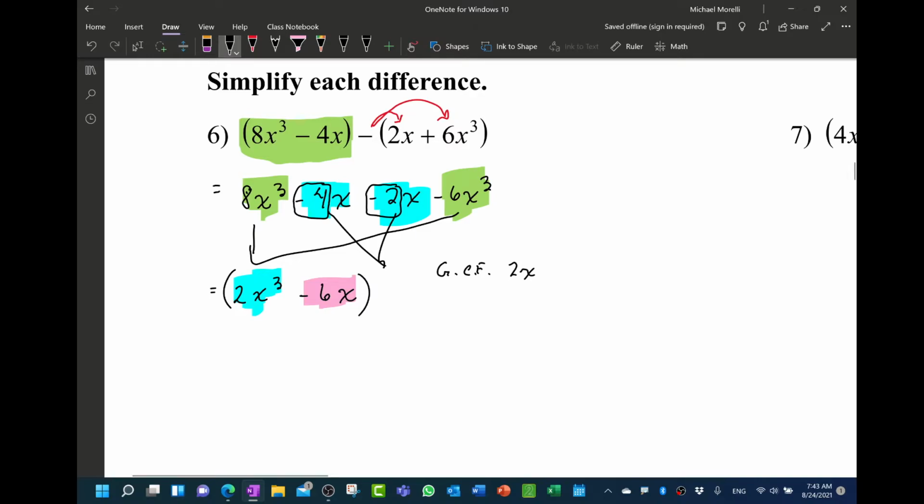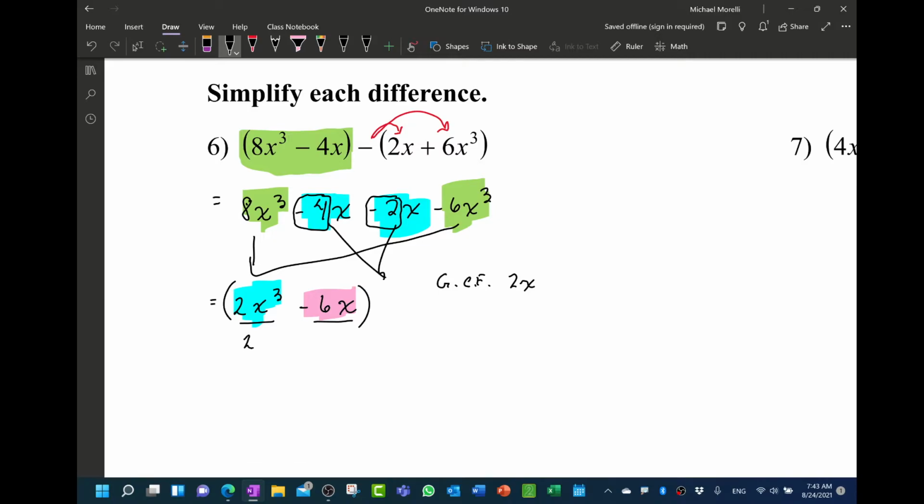So what I'm going to do now is divide both of these terms by 2x. And what's going to happen here is we're going to perform this polynomial division. It's going to be real simple. We'll just use the quotient rule or the division rule of exponents. And I'm basically going to pull that 2x out and set it out front. So check this out. It's going to look like this.